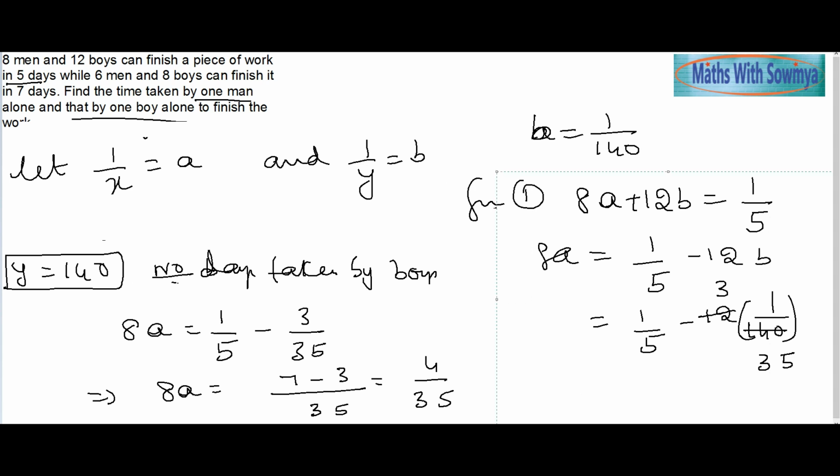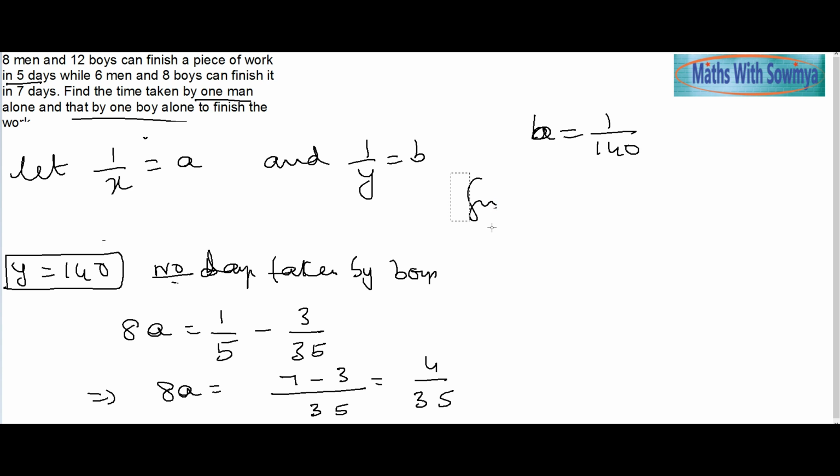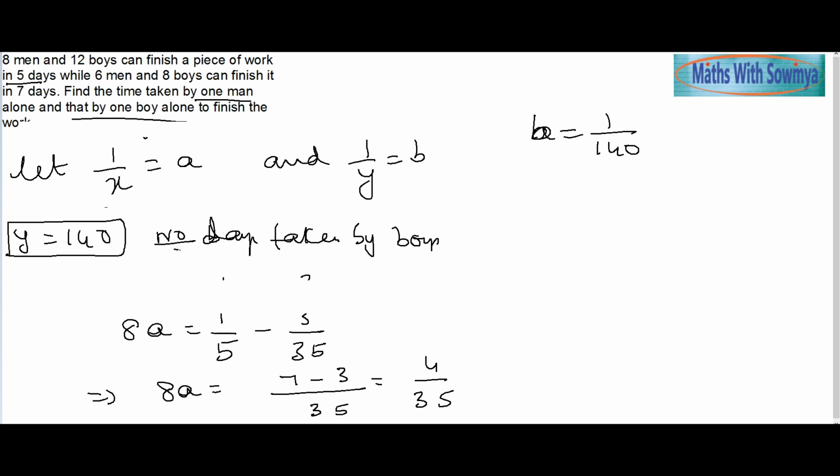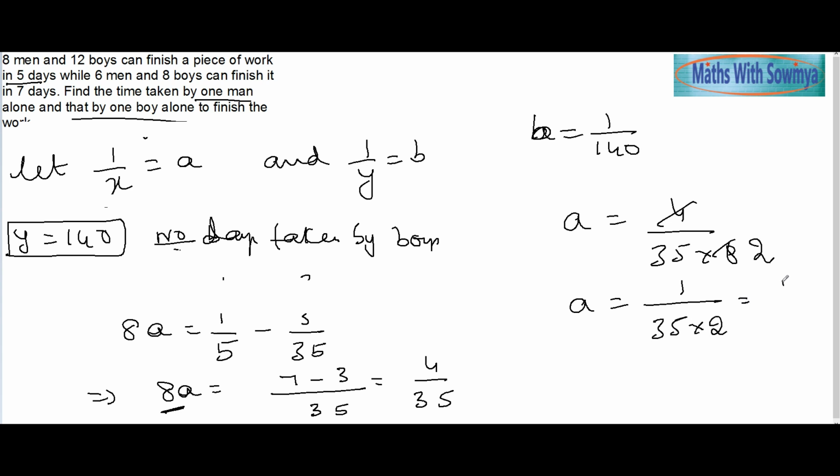A is equal to 4 by 35 into 8, because this 8 comes down. 4 2s are 8. So A is 1 by 35 into 2, 1 by 70.